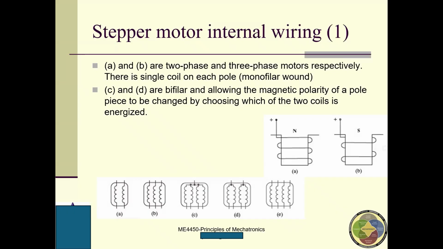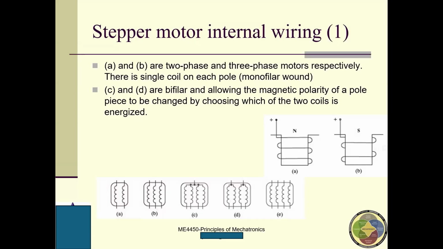That means for this guy, I just need to change which welding I'm going to use. I do not need to change the current direction. But here, if I want to change the polarity, I must change the current direction. One more time. For these two guys, the monofilar, if you want to change the polarity, that means N and S, if you want to switch these two guys, you must change the current direction.